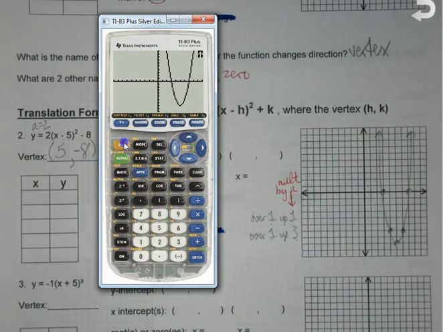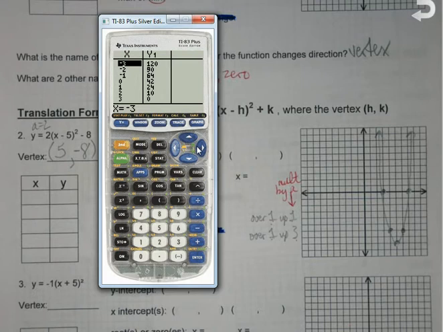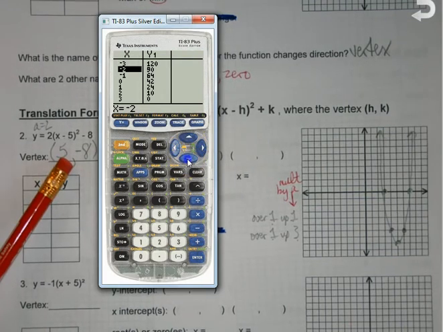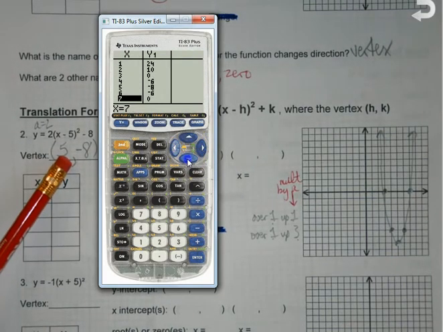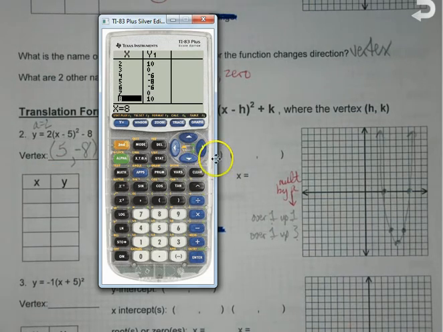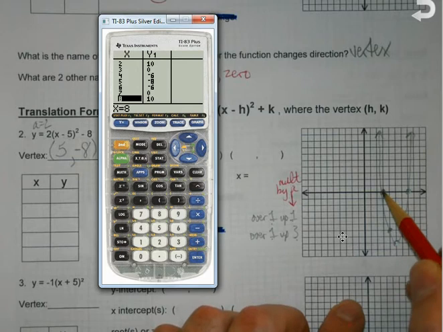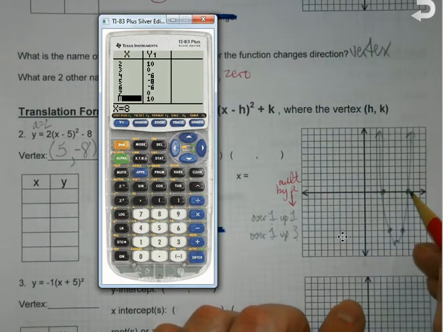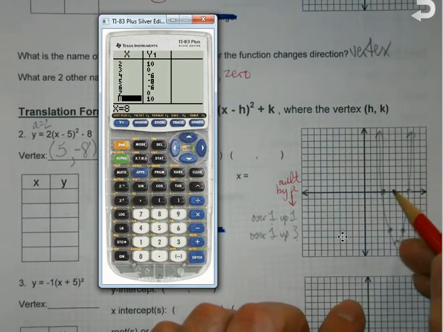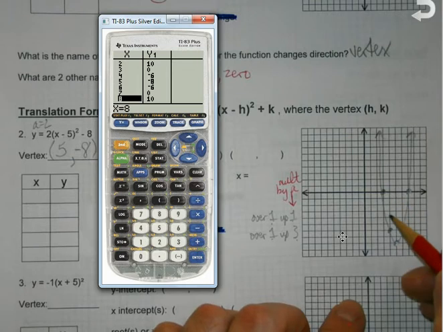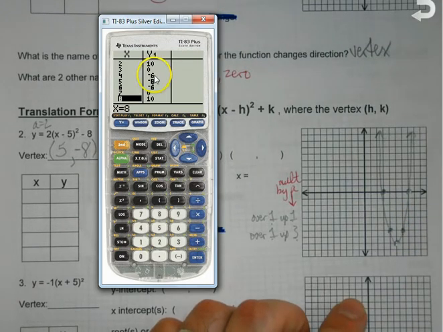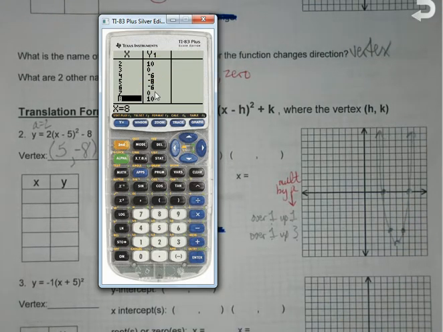And then I always can double check, but my vertex has got to be in the middle. So this 5, -8 needs to be in the middle. There it is. And then I check my other points. 1, 2, 3, 0, yes. 4, 5, 6, 7, 0, yes. 4, 1, 2, 3, 4, 5, 6. And there's my -6s, so I know I did it right.